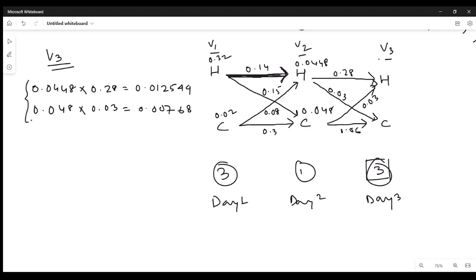Now from these two values, the maximum value is 0.012544. So here we write 0.012544.